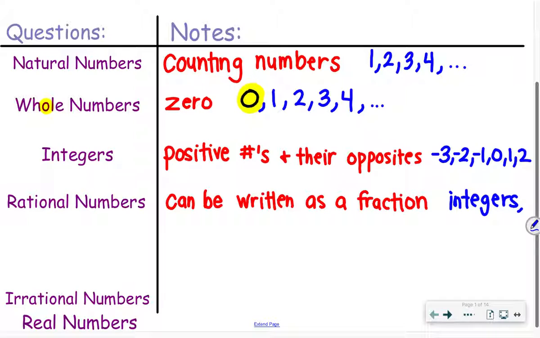What else is rational? Terminating and repeating decimals. I'll give you an example of both of those.